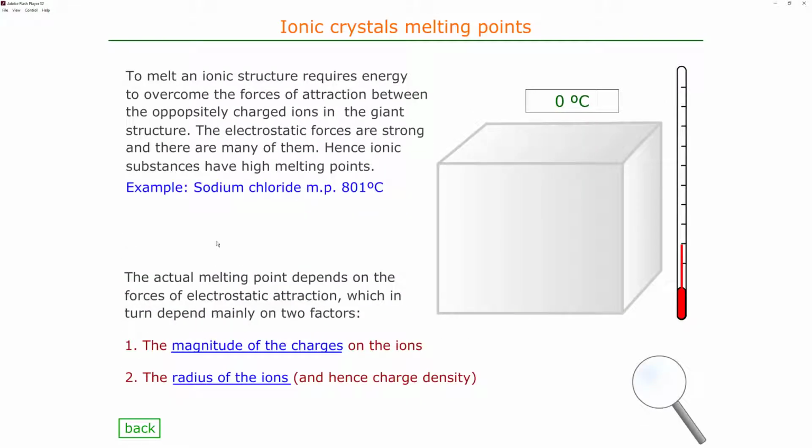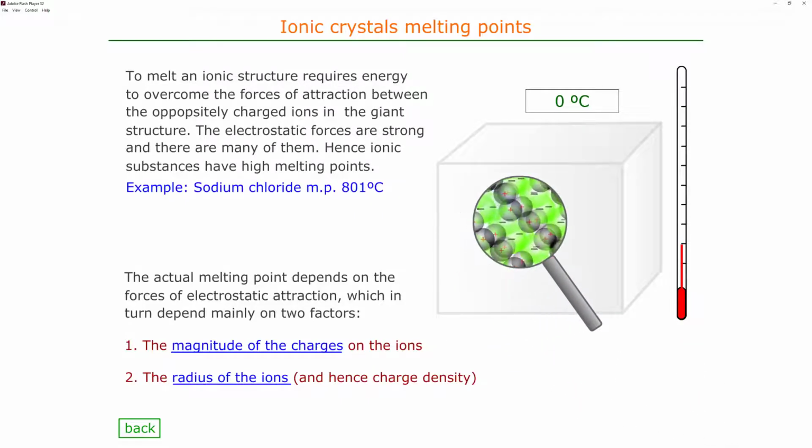If we have a look at this picture here, let's take the magnifying glass, we'll look into our structure again here. This represents sodium chloride. Sodium chloride has got a melting point of 801 degrees C. If you think about a sodium atom and a chlorine atom, obviously not the same as sodium chloride ionic structure, but were it to be a molecule, then it would have a relative mass of 23 for sodium, 35.5 for chlorine, which would make 58.5.